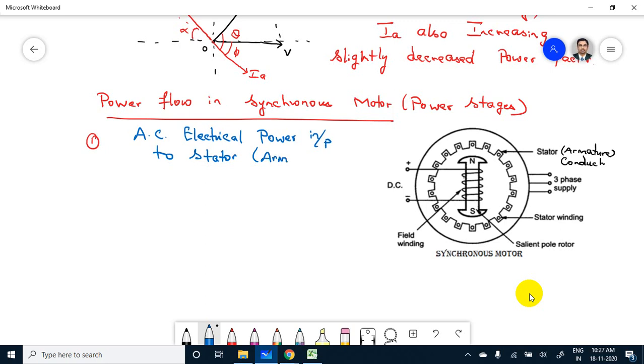Stator means armature. Okay, stator means armature. Here, understood or not? This is my first step.